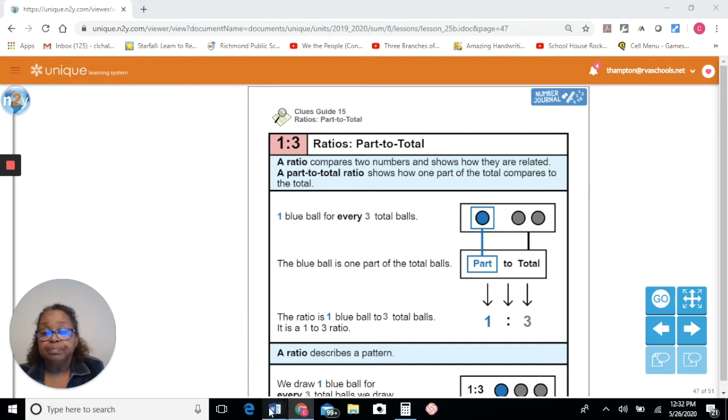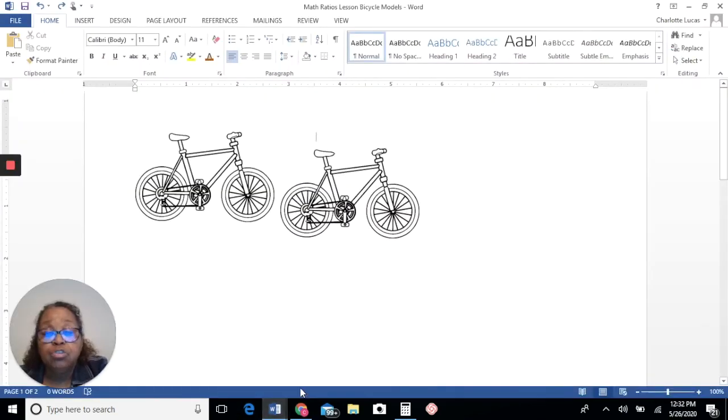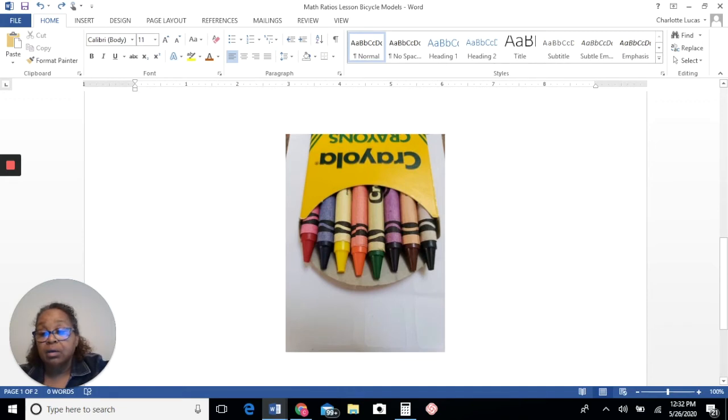For example, I'm going to try and use a box of crayons as an example. There are 8 pieces of crayons in this box altogether, but only one of them is red.